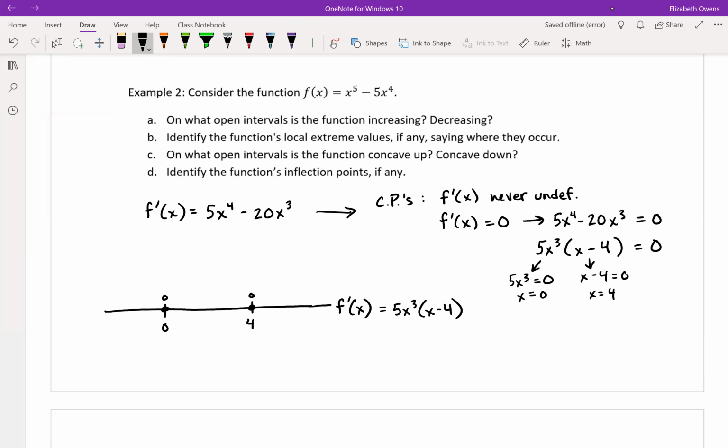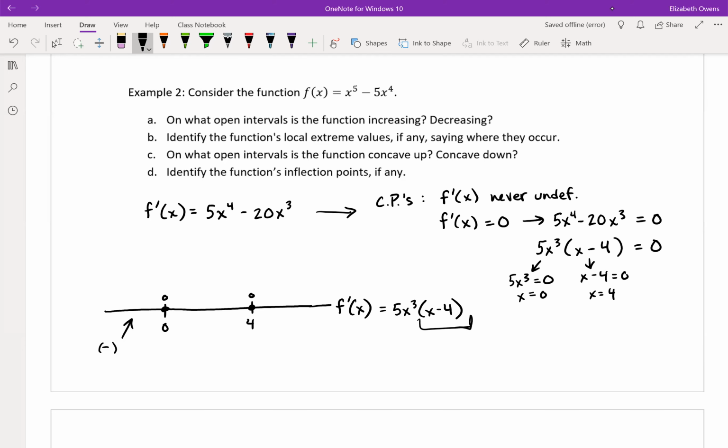And then we're going to test some intervals. So remember how to do this with the sign analysis. You just need to see whether the individual factors are positive or negative, and then we'll get a positive or negative result overall. So in this first interval over here on the left, pick any negative number you like. And when you do that, 5x cubed, regardless of whatever your number is, is going to be negative.